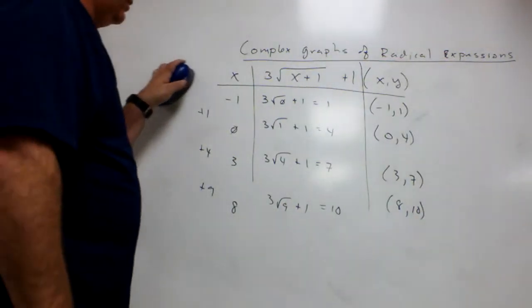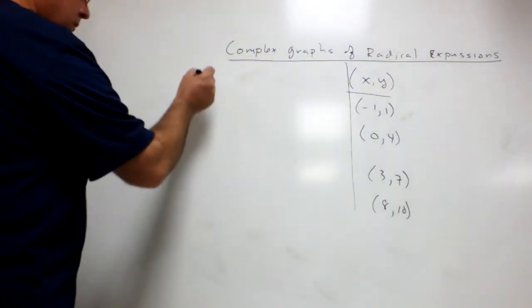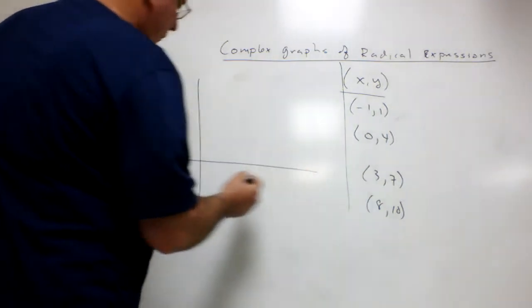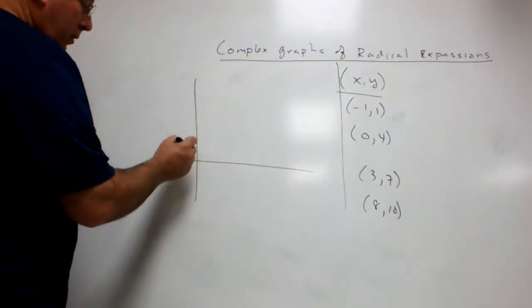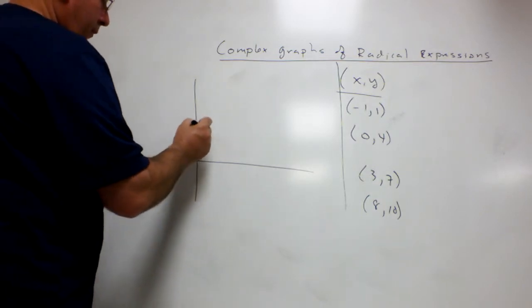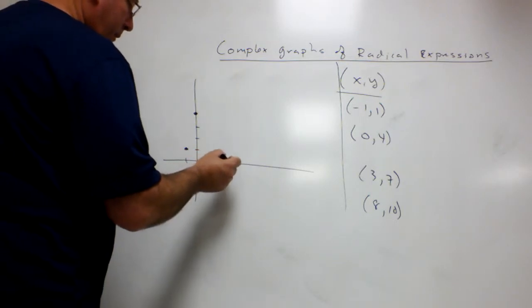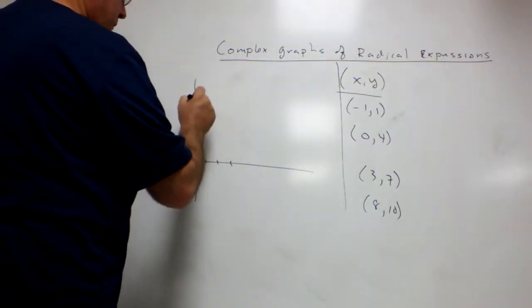And once we get those values, we can start our graph. We go negative 1, 1, plot a point. At 0, we're at 4. At 3, we're at 7.